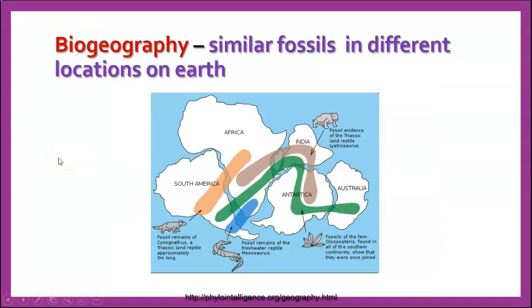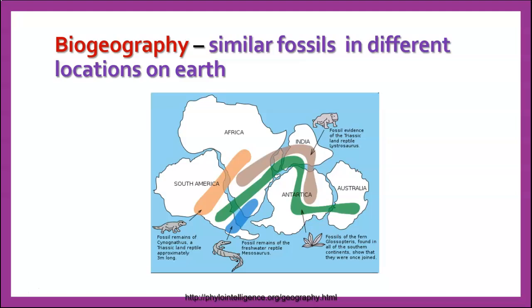Another idea that supports evolution is biogeography. This is when you find similar fossils in very different locations on Earth. You know that before the present day, there were different configurations of the continents on the surface of Earth. There was at one time a supercontinent called Pangaea, and then Pangaea broke up into a couple of different continents.